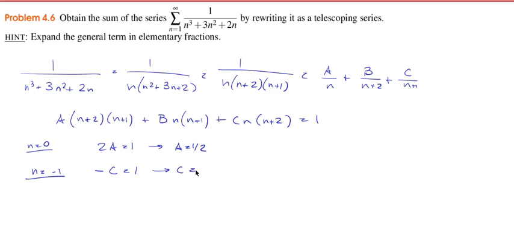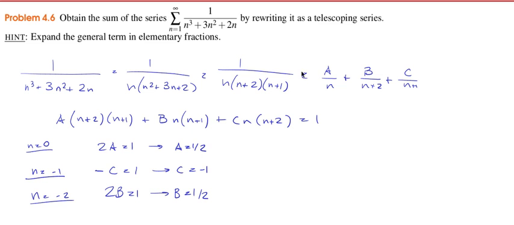So c is minus 1. And if n is minus 2, this term goes out, and then we have minus 2 times minus 2 plus 1, which is 2, so 2 times b is 1, so b is 1/2 again.